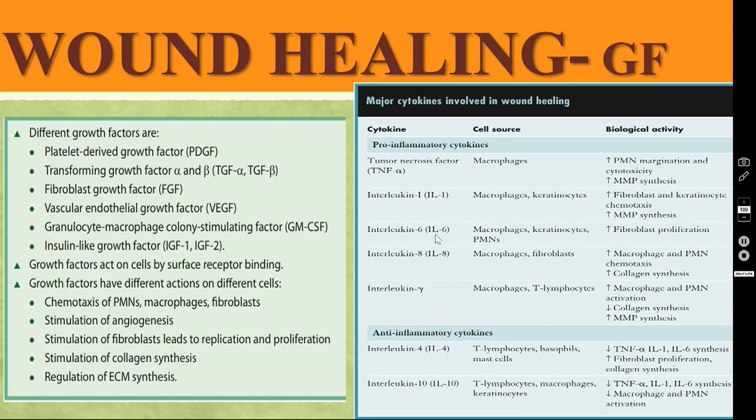So these are the pro-inflammatory ones. Anti-inflammatory cytokines are interleukin 4 and interleukin 10. You can just pause the video and read all these particulars, such as where it is secreted. You can pause the video and read it.